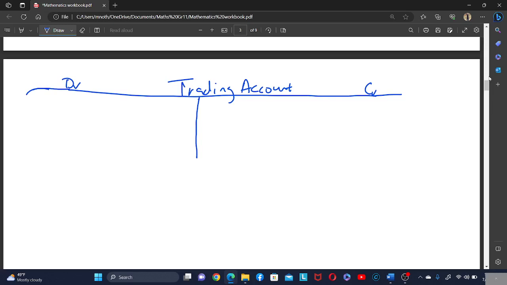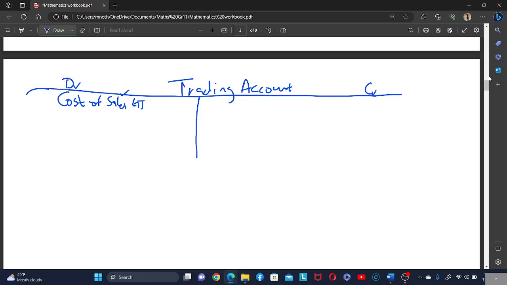On the debit side, you must record the cost of sales. The cost of sales will be provided in the trial balance. And then you will go to the adjustments and check whether there are any transactions that are affecting the cost of sales.